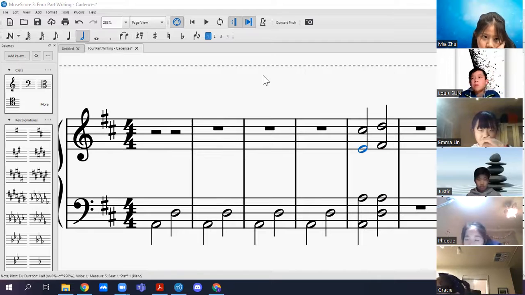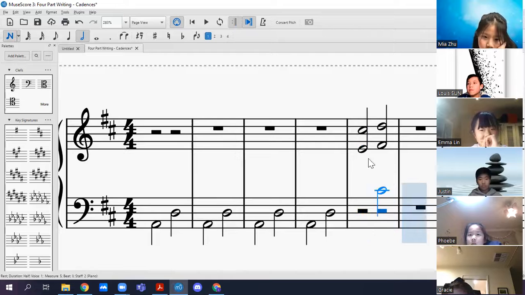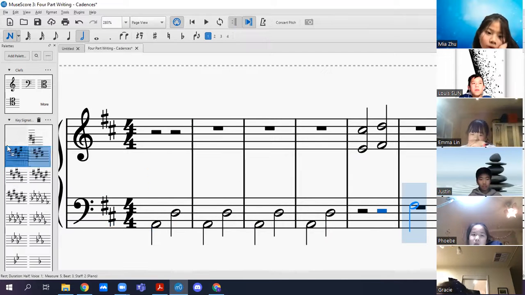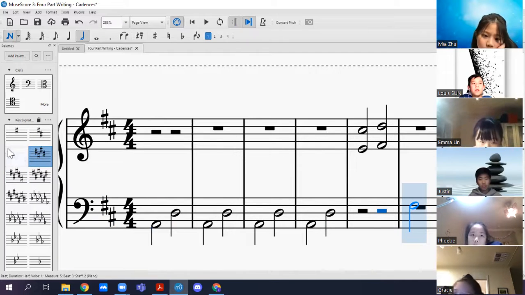So everyone was pretty good just then. Let's try a perfect cadence in A major this time. Actually, no, not A major.